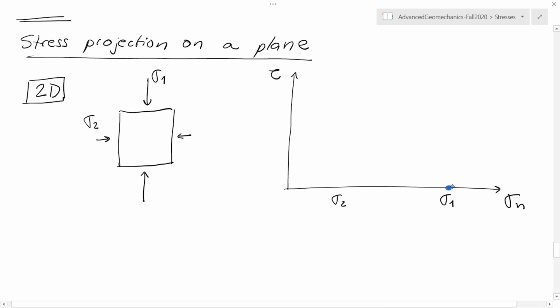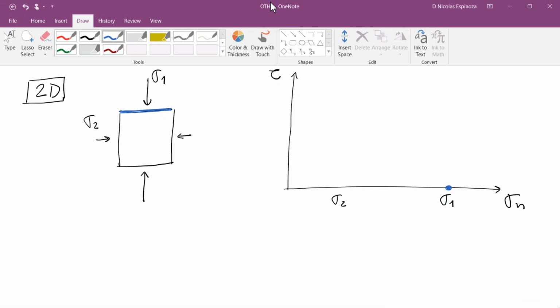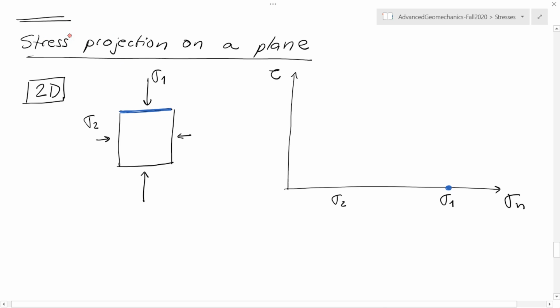Let's assume the value of sigma 1 is somewhere over here, and sigma 1 is going to be the principal stress and normal stress on the plane, which I'm going to call phase 1, which is this one, where sigma 1 is applied. Notice that because it is a principal stress, the shear stress is 0. Let's go with sigma 2. Let's say sigma 2 is somewhere over here, also a principal stress. That's why shear stress is equal to 0. And this is going to be this plane.